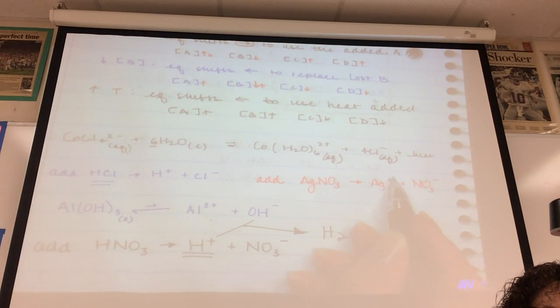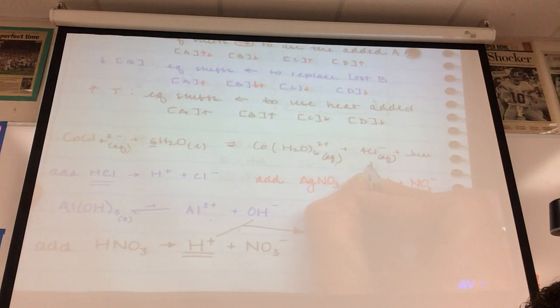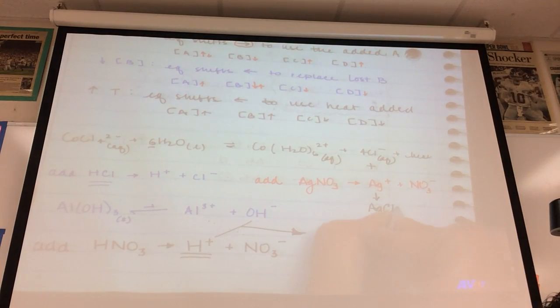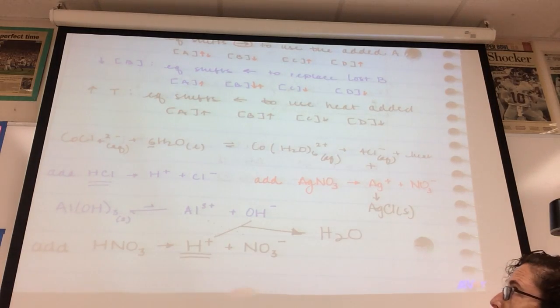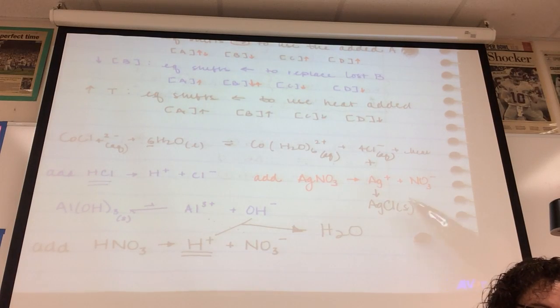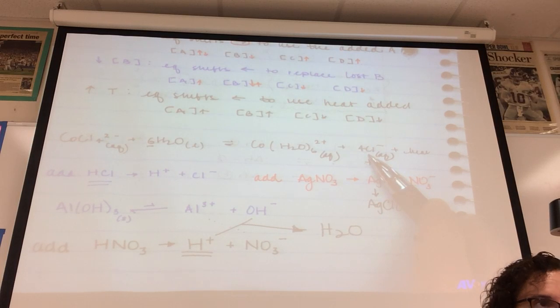What might the silver ion link to? Chloride ion. So these two substances react to form silver chloride, which is a white precipitate, so it's not going to ionize back to any appreciable extent. So by adding silver nitrate, what are you effectively doing to the chloride ion concentration? Decreasing it.